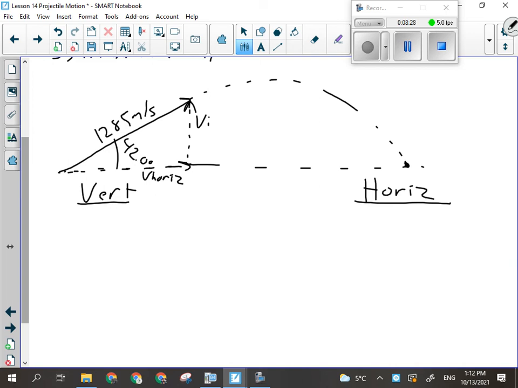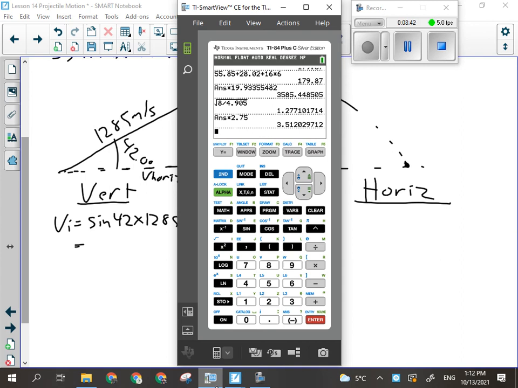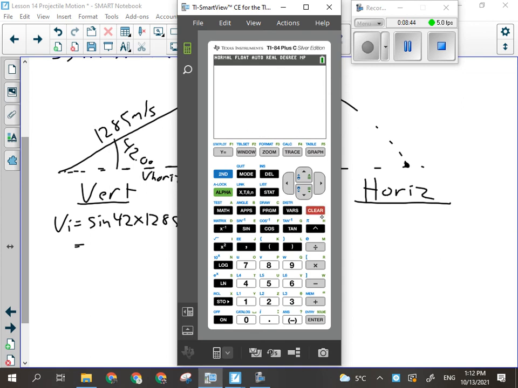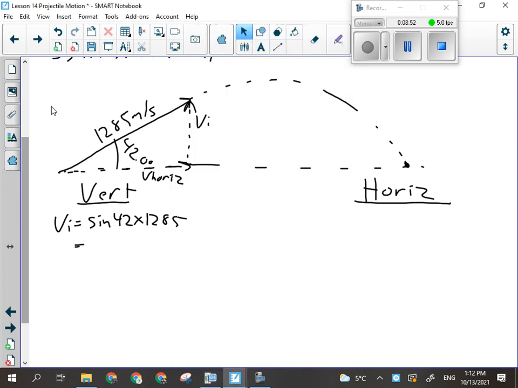Okay? So to get the vertical part, Vi, that's the opposite side of this triangle. So Vi will be the sine of 42 degrees times 1,285. That's going to be sine of 42 times 1,285. So 859.83.